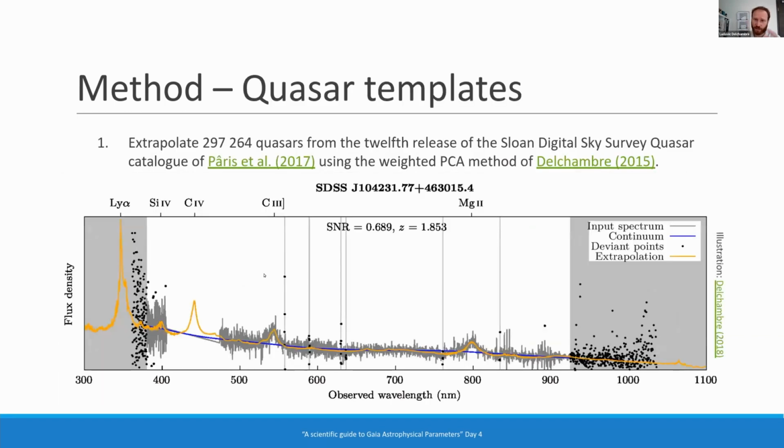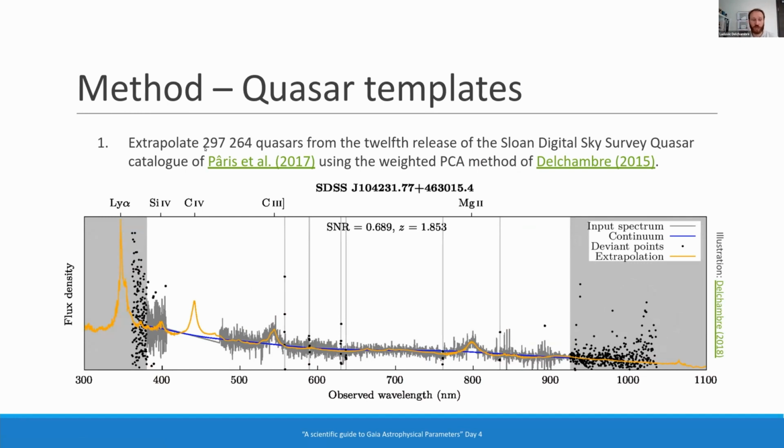As I said, we have the observations and we have the templates. Let's first have a look at how we derive the templates. The templates are based on quasars from the 12th release of the SDSS quasar catalog from Paris et al.